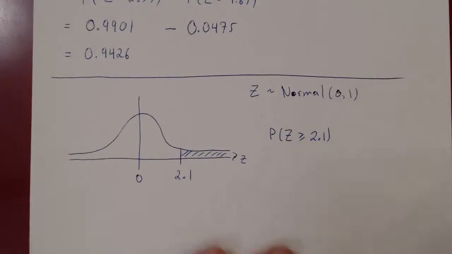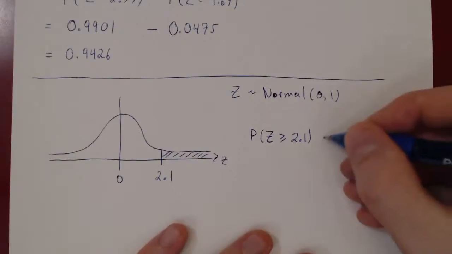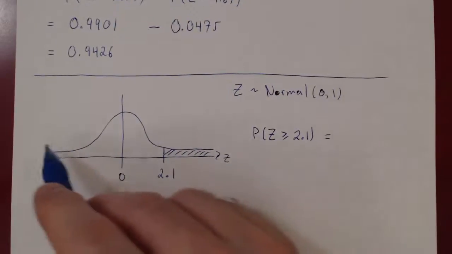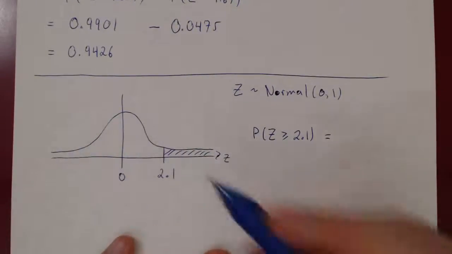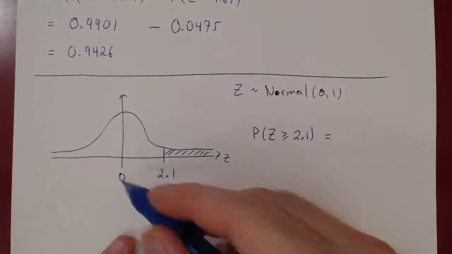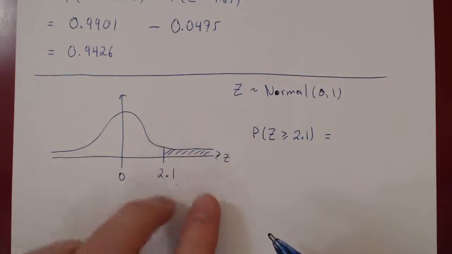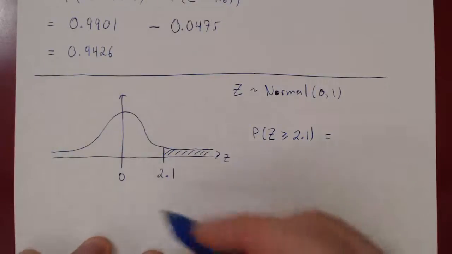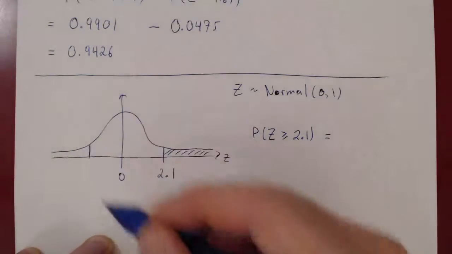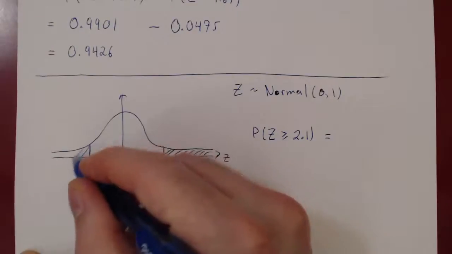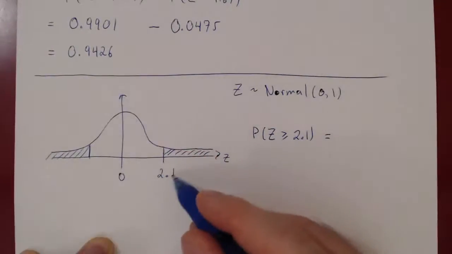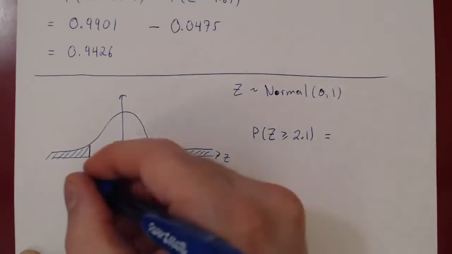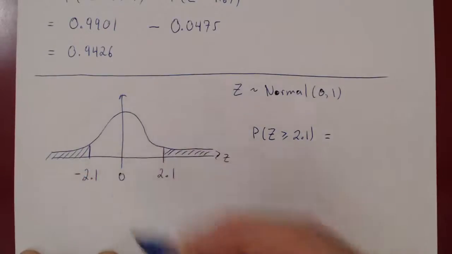Let's first use symmetry. Because the distribution curve is completely symmetric about 0, if you reflect this part about z equals 0, you'll get the second tail of the function, so this part right here, and 2.1 after you reflect will become negative 2.1.